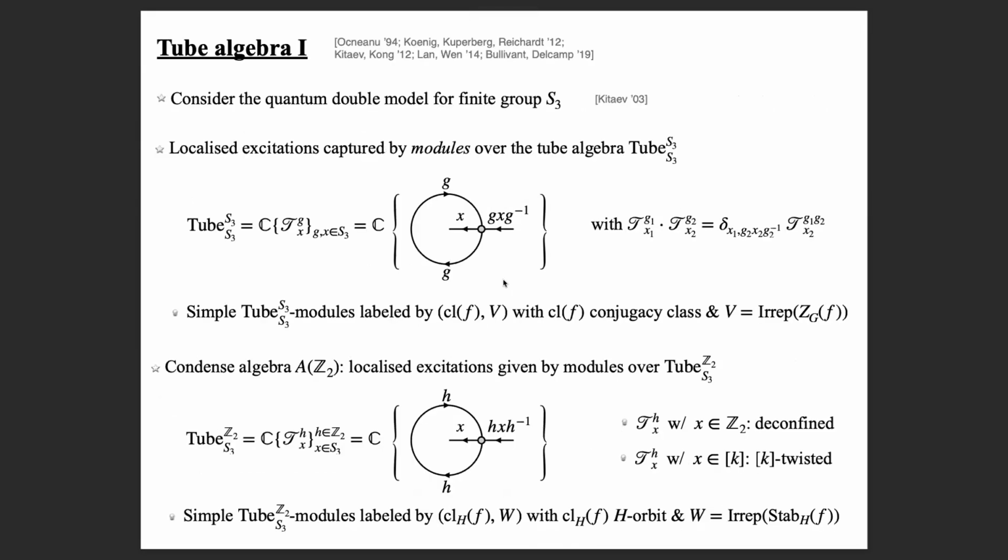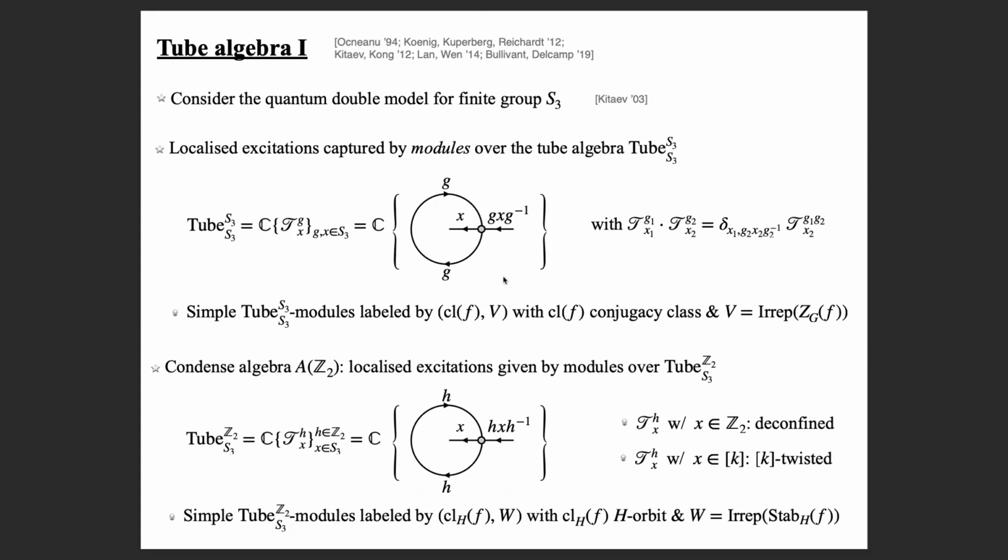Okay, and let me just flash very briefly that we can also compute this action with a tube algebra approach. So again, we consider the quantum double model for S3, and in this case, local excitations in the original topological order are described by modules over the tube algebra, which is generated by these elements. Everything lives in S3. And this, of course, recovers that the simple modules are just the objects in your S3 center.